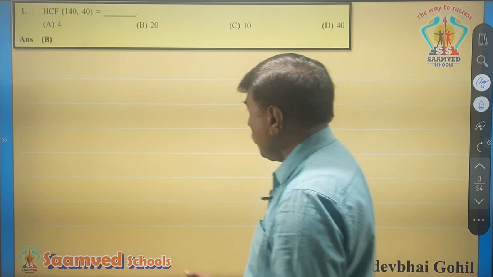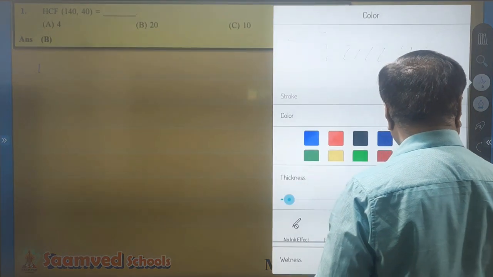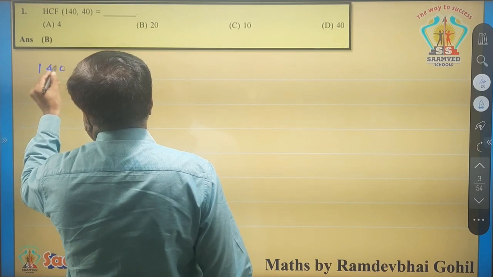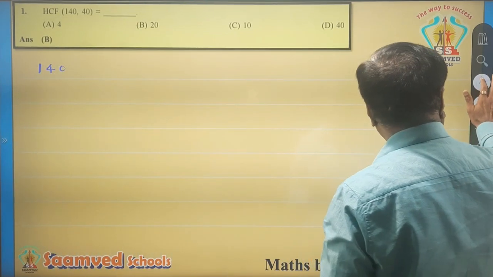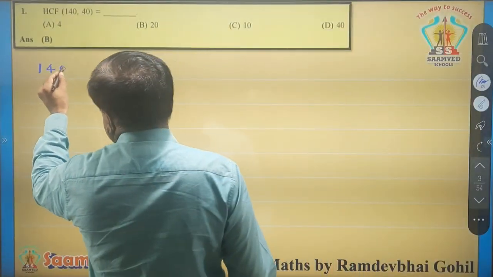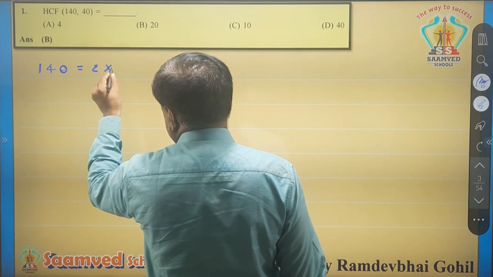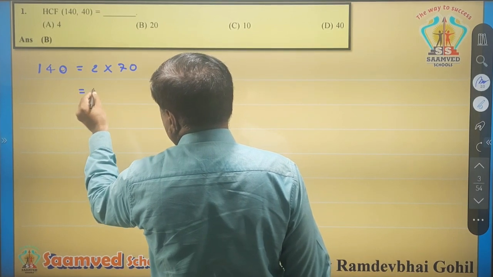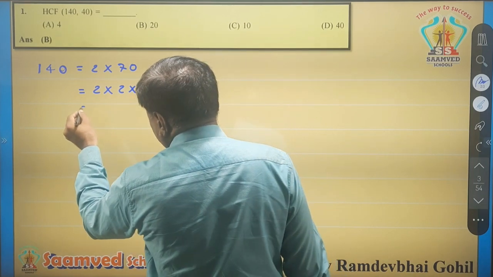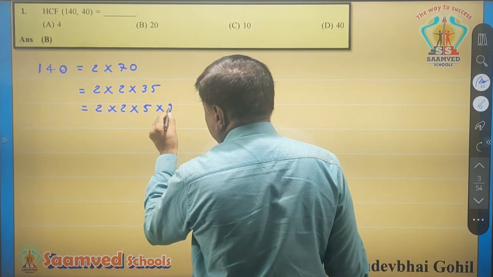So friends, first of all we need the factorization of 140. So 140 is equal to 2 into 70, again 2 into 2 into 35, again 2 into 2 into 5 into 7.